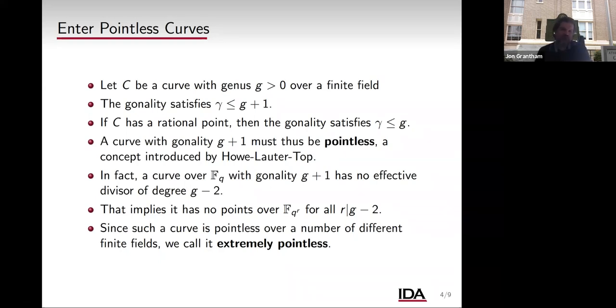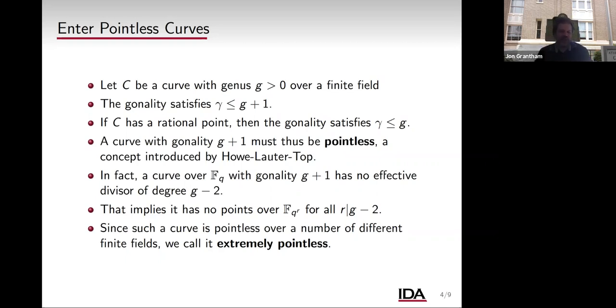So therefore, a curve with gonality g plus 1 is what Howe, Lauder, and Top called a pointless curve. Again, a pointless curve doesn't have to have gonality g plus 1, but a curve with gonality g plus 1 does have to be pointless.